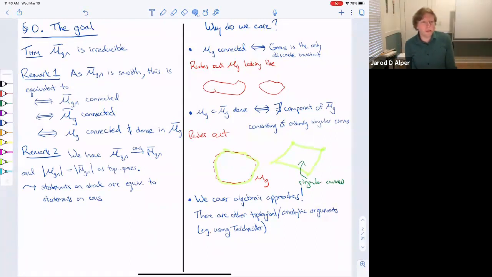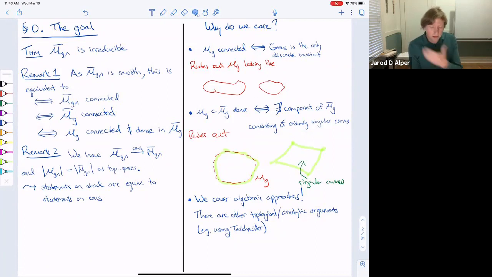And so for the arguments I'm going to summarize, I'm trying to emphasize algebraic approaches, even though the first one, which is probably the most conceptual, intuitive one, has one non-algebraic ingredient. Of course, there are many other arguments, and I'm not trying to give a systematic summary of other topological or analytic arguments.